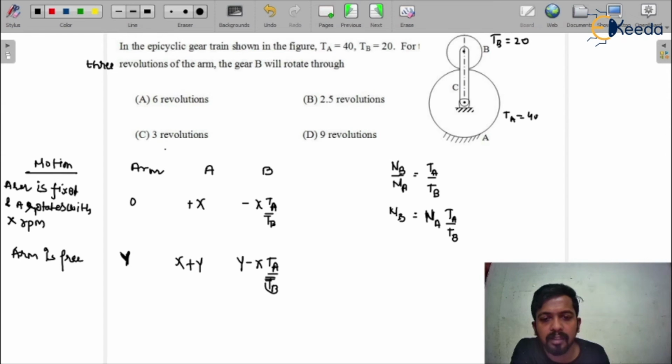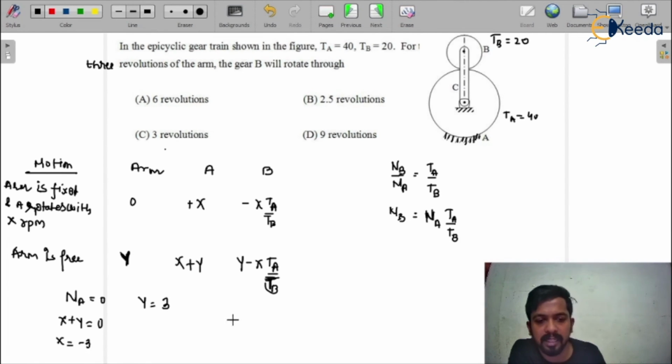Now, what is given in the question? Here in the question it is mentioned that gear A is fixed, that means Na is equal to 0. If Na is equal to 0, that means x plus y is equal to 0. If y is equal to 3 revolutions, it is given that y has 3 revolutions, then x would be minus 3.